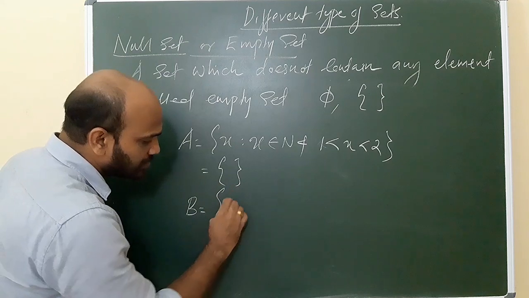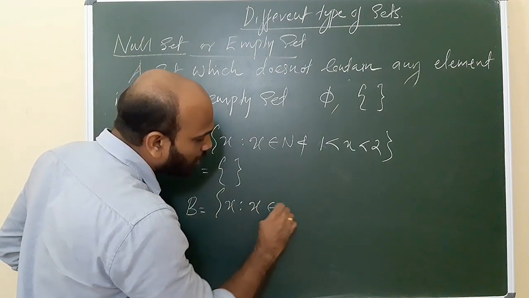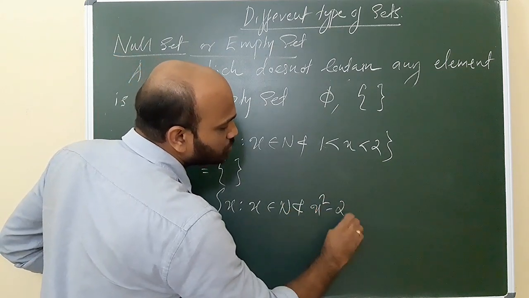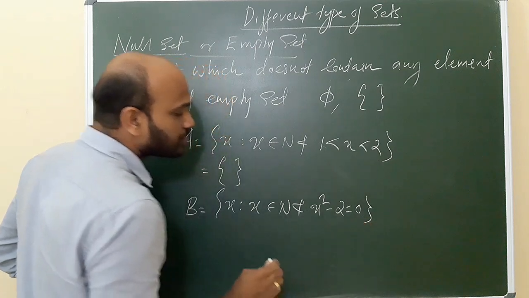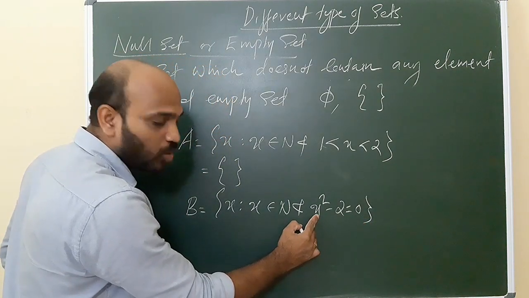B equal to the set of all x such that x belongs to N and x square minus 2 equal to 0. That means you have to find natural numbers satisfying this equation.